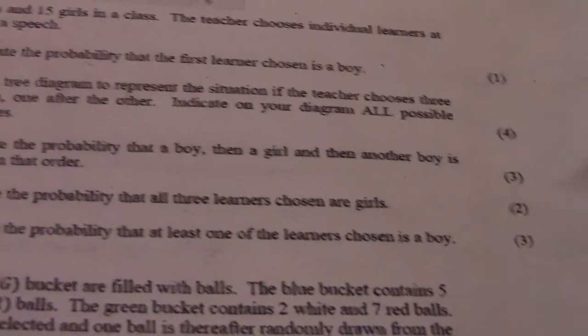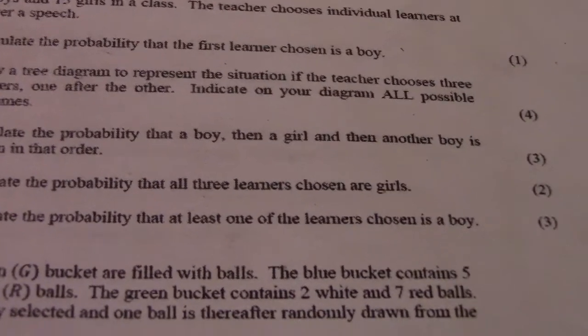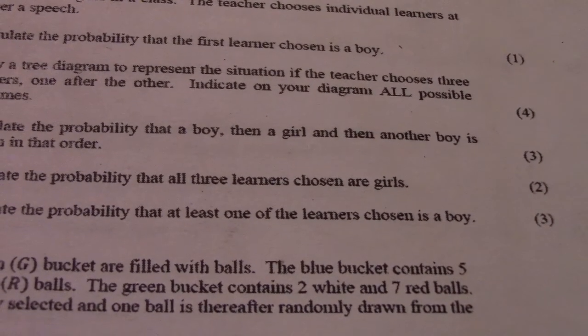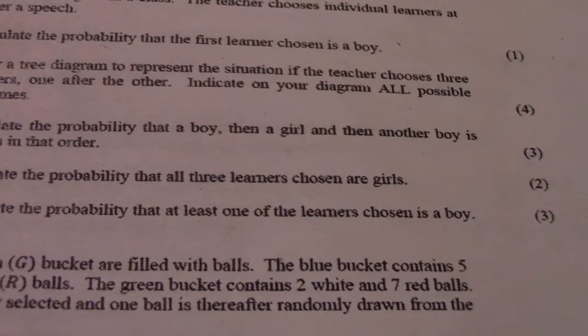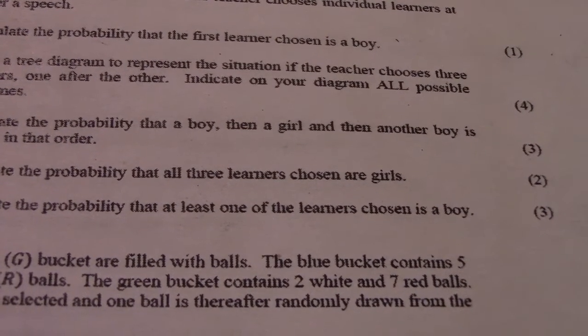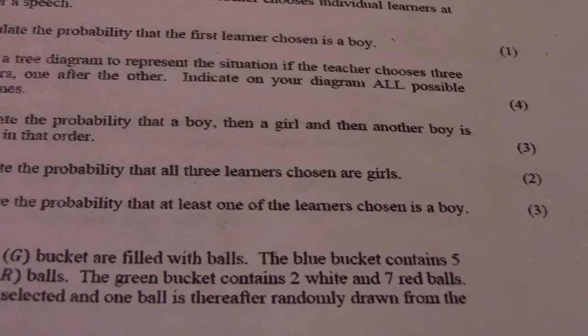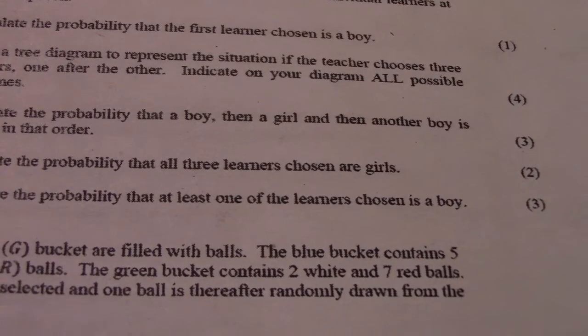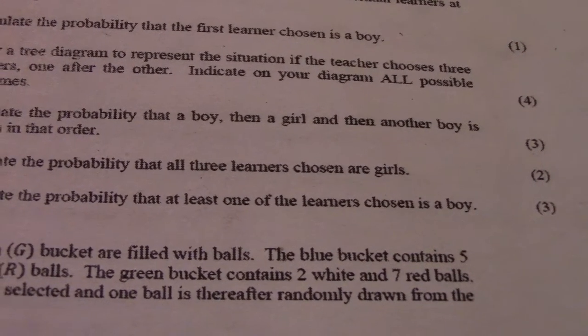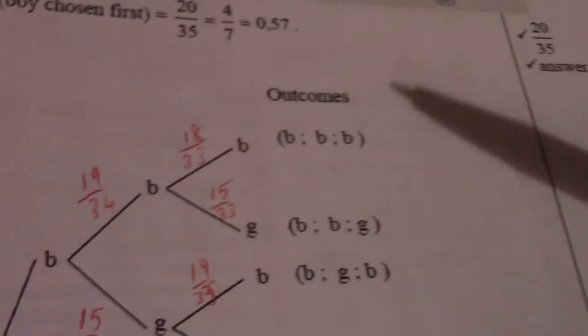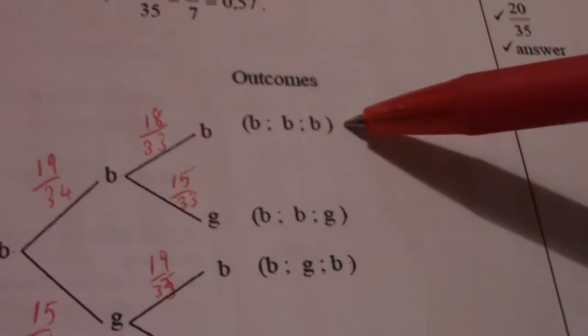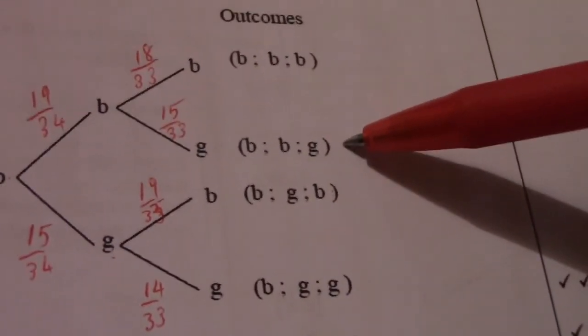Alright. And last question here, calculate the probability that at least one of the learners chosen is a boy. If one of the learners has to be a boy, then there are many outcomes that have boys.